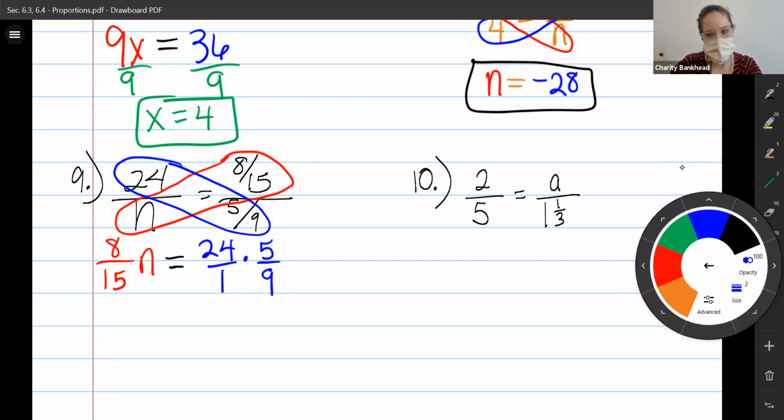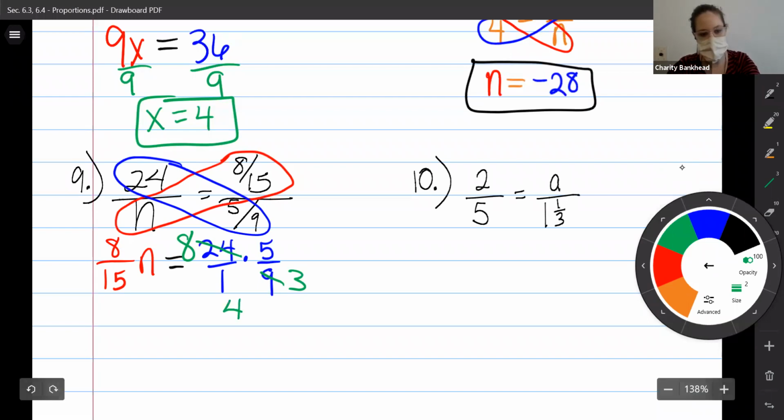And then let's see what we could reduce. So 3 goes into 9 3 times, and 3 goes into 24 8 times. So then 8 times 5 is 40, and 1 times 3 is 3. So I have 8/15 n equals 40/3.